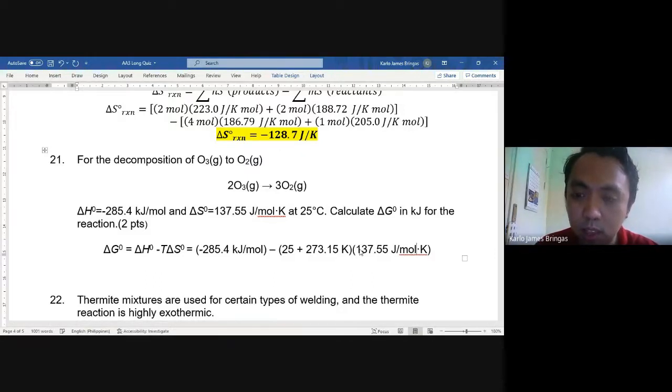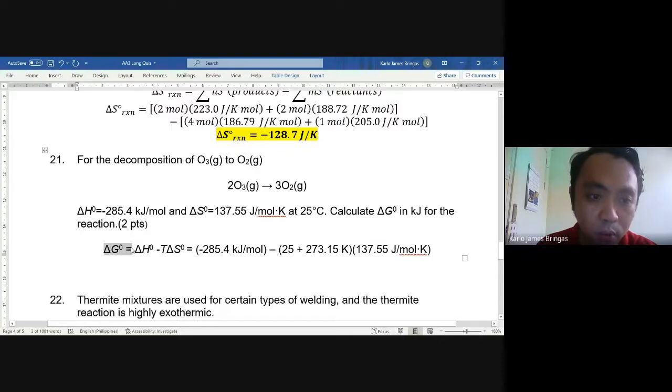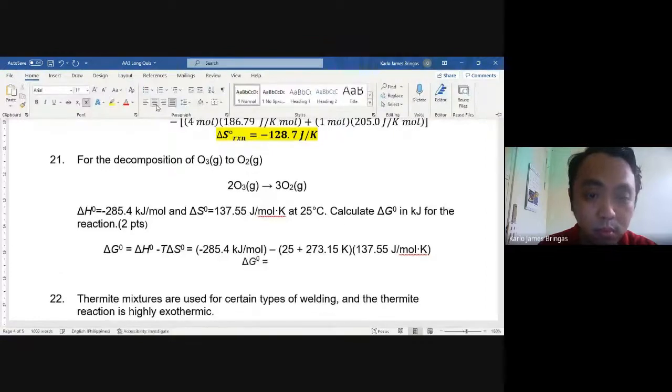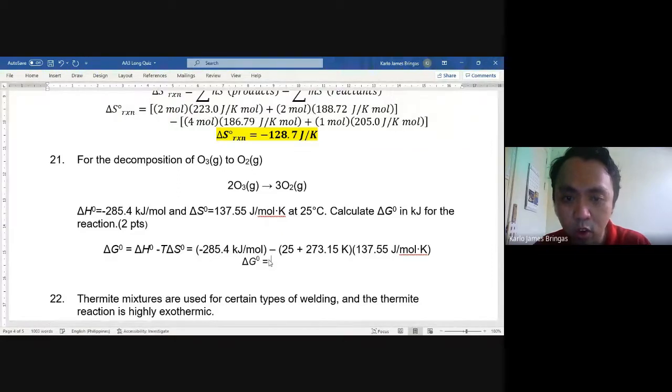Inputting this to my calculator, I then get the value of the delta G at standard state for this particular reaction.